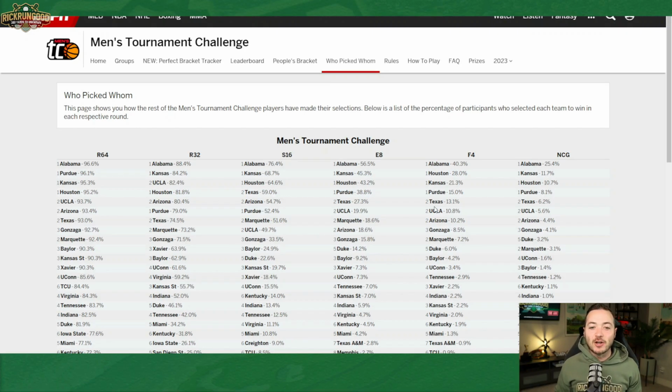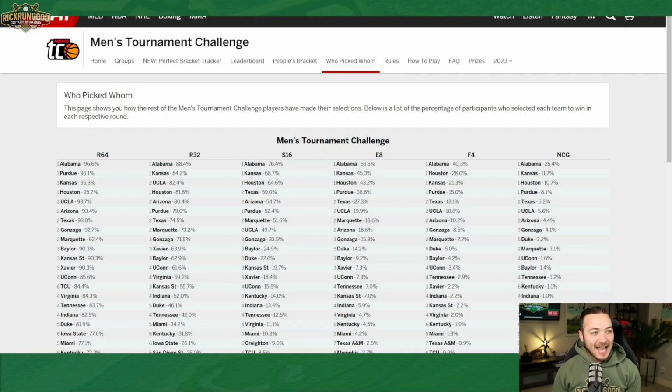In a lot of scenarios, it would be 2 plus x equals y, I guess that would make more sense. So we've got the two pieces of this. We have the probability that each team is going to advance through every single round, and we have how often they are being chosen. Now it's a very simple process. We just compare the numbers and find where our biggest leverage points are.